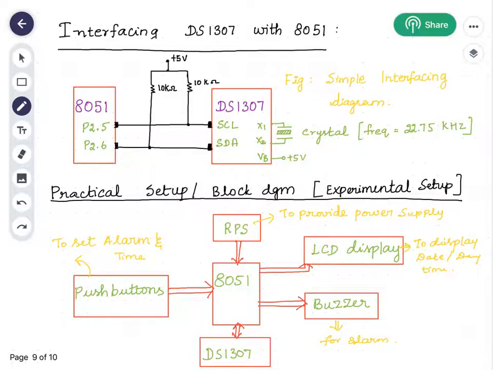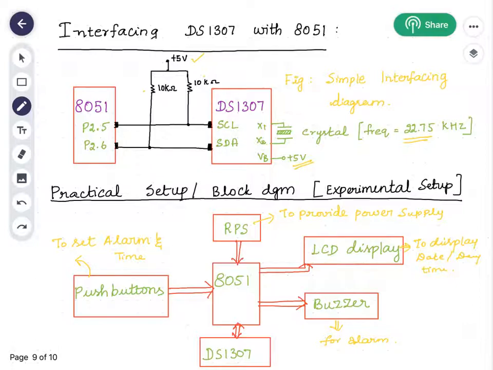These two are pull-up resistors and this is connected to plus 5 volts. Here X1 and X2 are connected with a crystal oscillator of frequency 32.768 kilohertz. Then the battery is supported with a plus 5 volt power supply. This is a simple interfacing diagram.